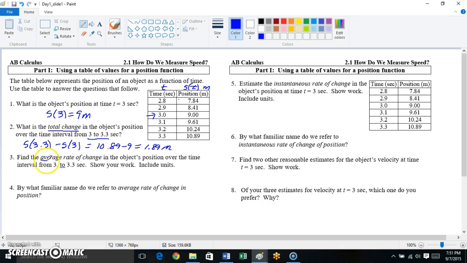Okay, when we want to find the average rate of change in the object's position over time, and using that same time interval, we're looking at the total change, S of 3.3 minus S of 3, divided by 3.3 minus 3.